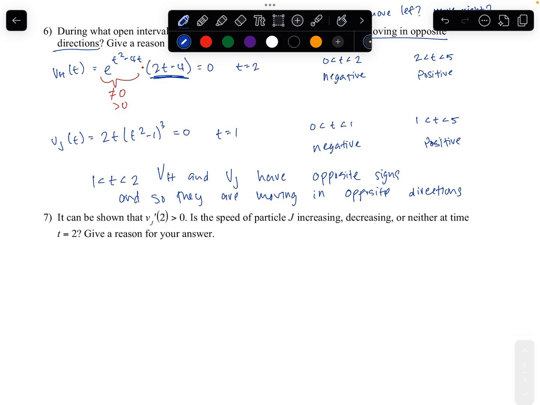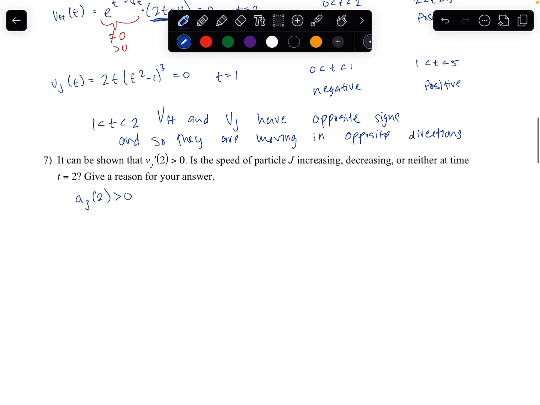For 7, it can be shown that the derivative of the velocity of J at 2 is 0. So in other words, the acceleration of J at 2 is positive. Is the speed of the particle J increasing or decreasing, or neither at time t equals 2?